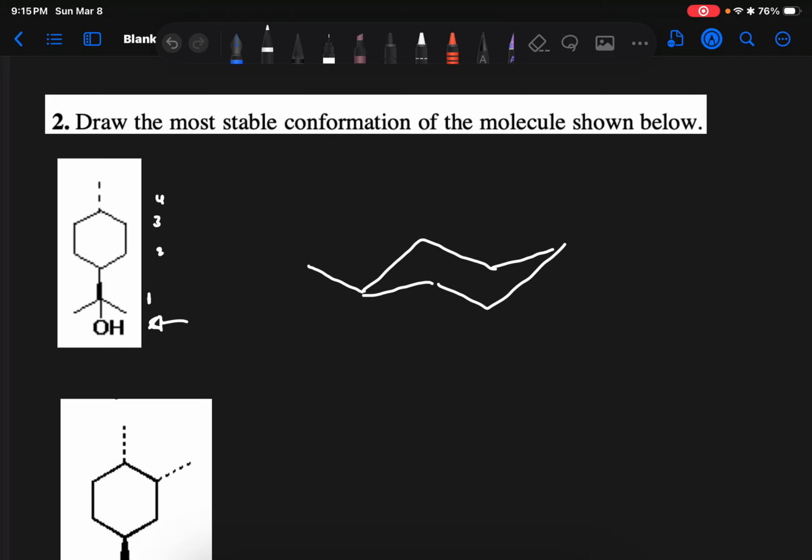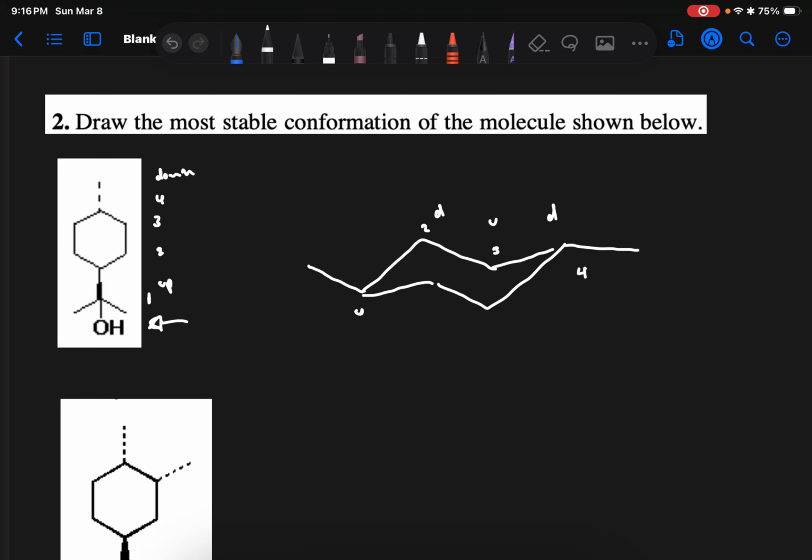So carbon 1, carbon 2, carbon 3, and carbon 4. So this one here is a wedge, this is going up. So this one needs to be going down into the page. So that means these just have to be opposite. So this is equatorial up, this is equatorial down, this is going to be equatorial up, this is going to be equatorial down. But we need it to be down, so this will be equatorial down.